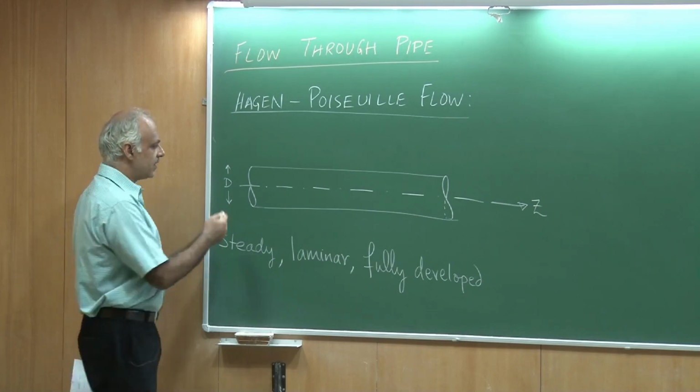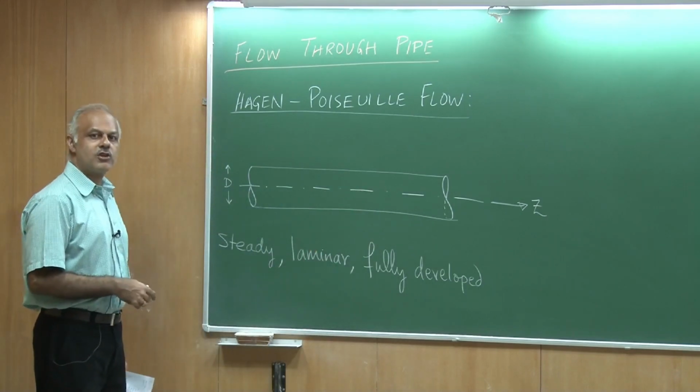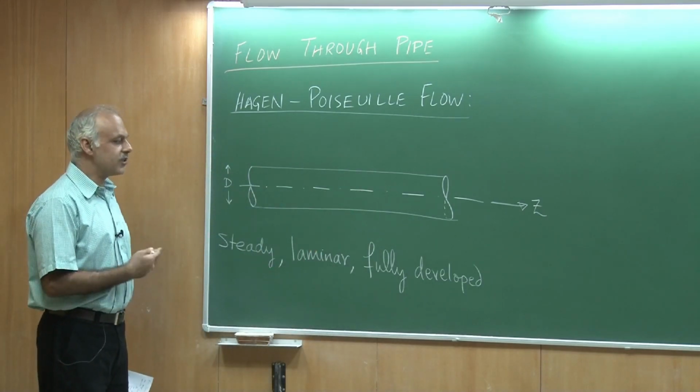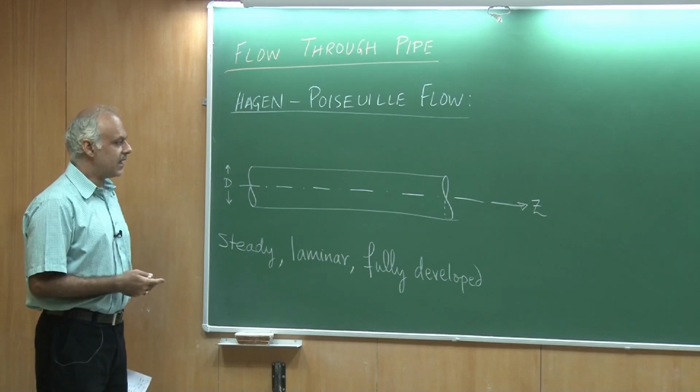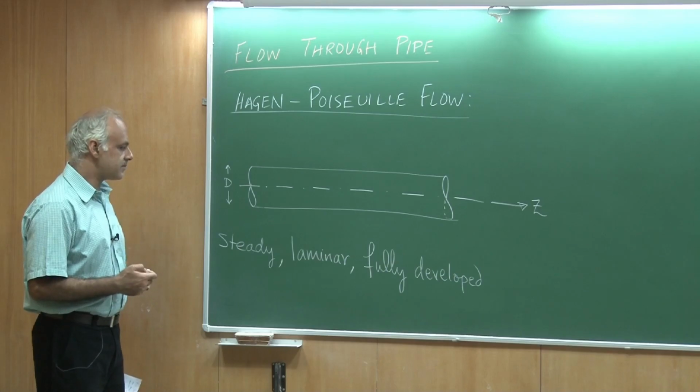When there is a flow through this pipe, there is of course going to be a pressure gradient. In fact, for the fully developed flow, we saw that the pressure gradient is a constant, so the pressure changes linearly.